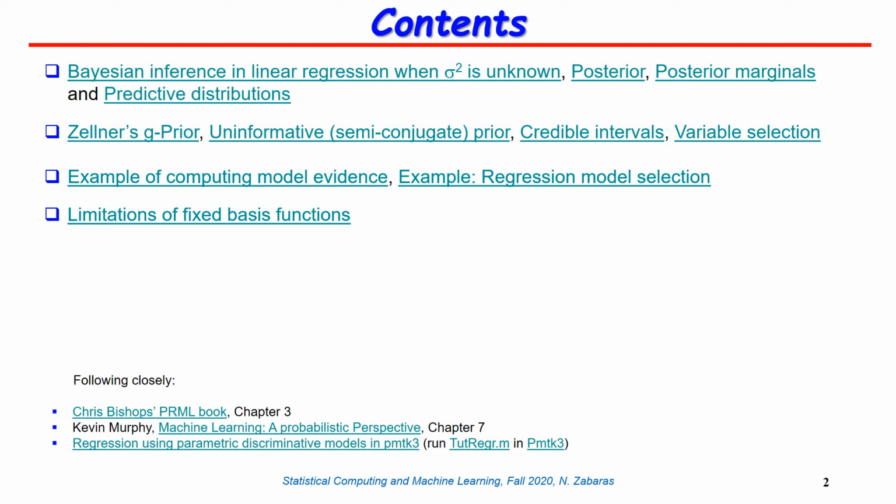So we a priori select a basis function, so we have to see what the limitation of doing that is about, and potentially of the techniques that you can hear in other machine learning courses on how to fix those limitations.